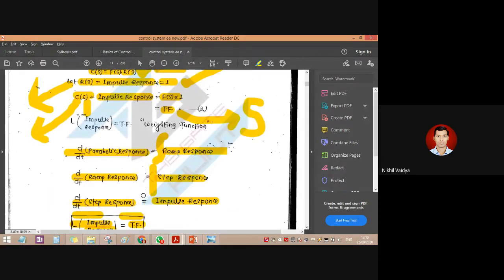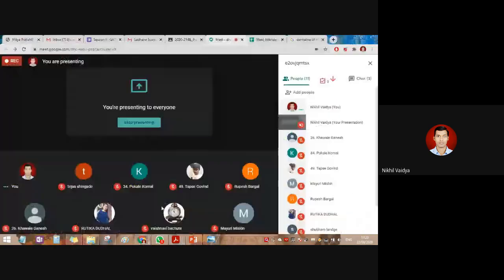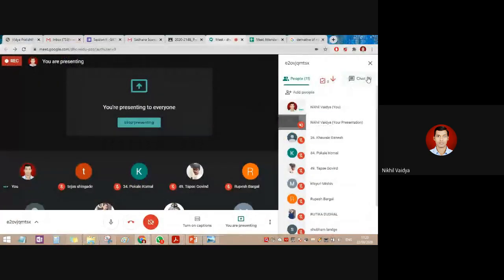We have the impulse response given for the unit impulse input. So how do we calculate the step response from the impulse response? Yes, can anybody tell? Yes, please.